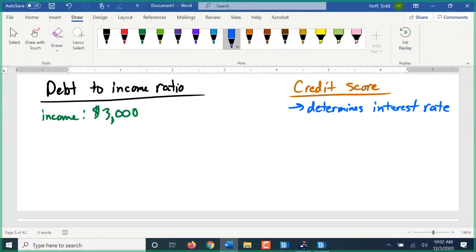Now debt does not include gas, rent is not a debt, food, all that is not debts. Debts are just that: car payment. Let's say your car payment is $400.